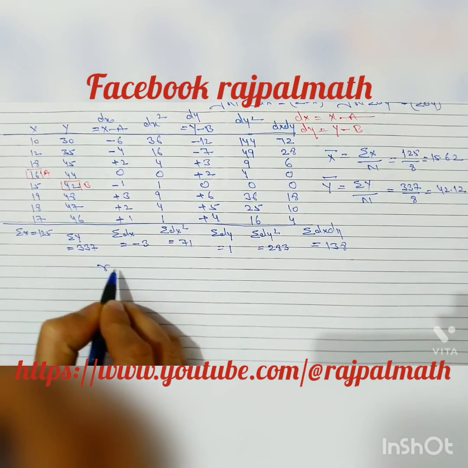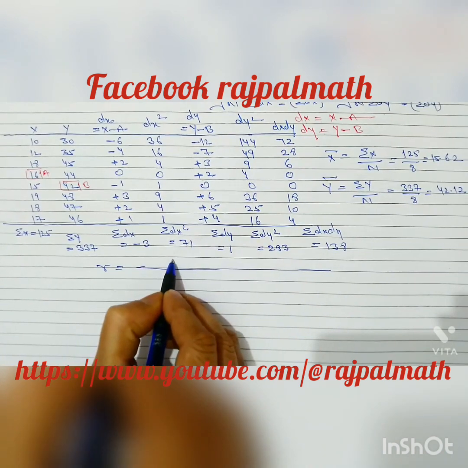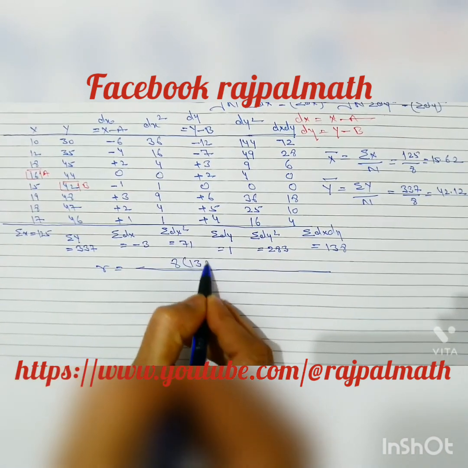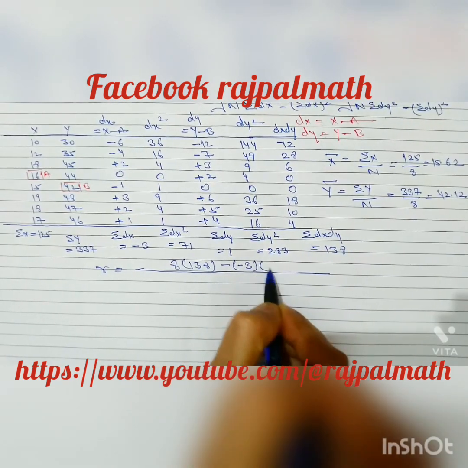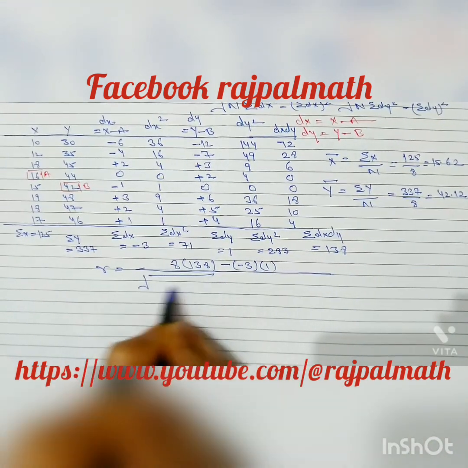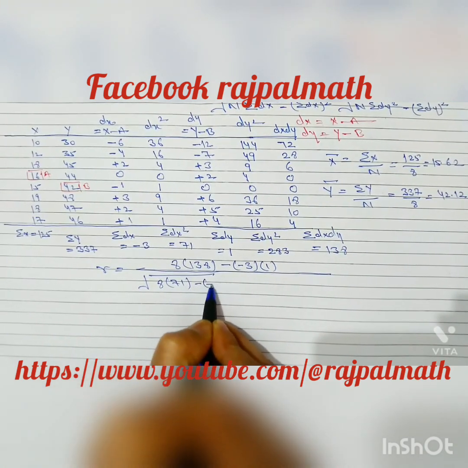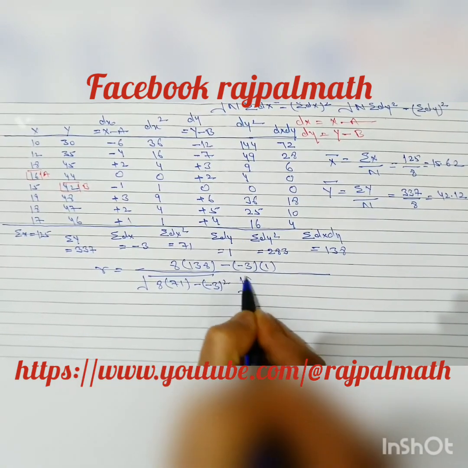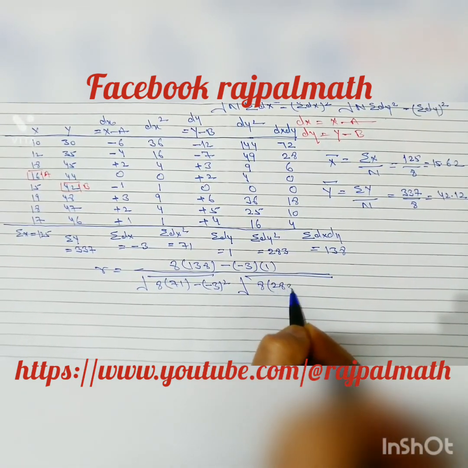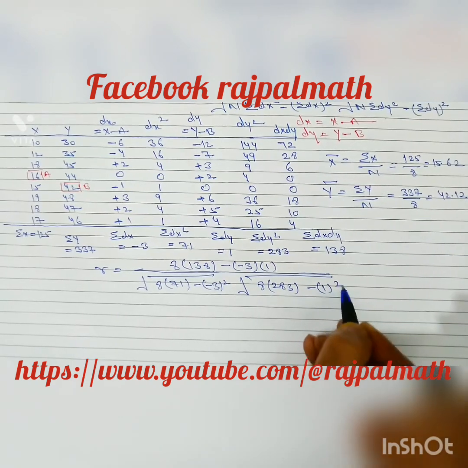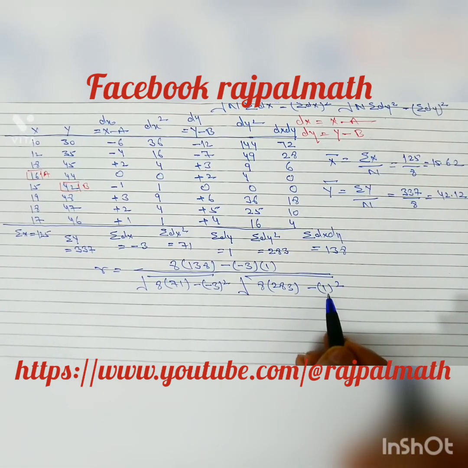By putting all these values in the correlation formula, we get r equals, n equals 8, n into 138 minus (−3)(1), under root 8 into 71 minus (−3) square, under root 8 into 283 minus 1 square, as summation dy is 1.